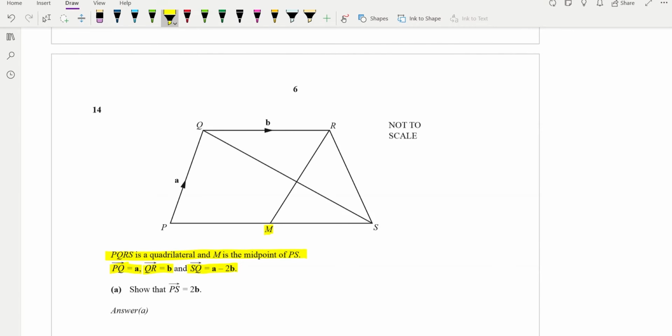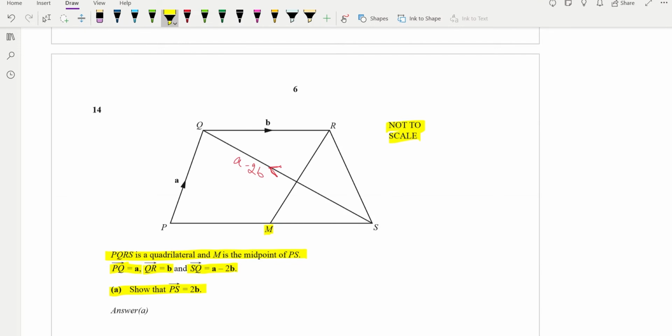Direction is important, so this is SQ, and the diagram is not to scale, so we cannot measure anything. Then we have to show that PS is equal to 2b. This is what we have to show.